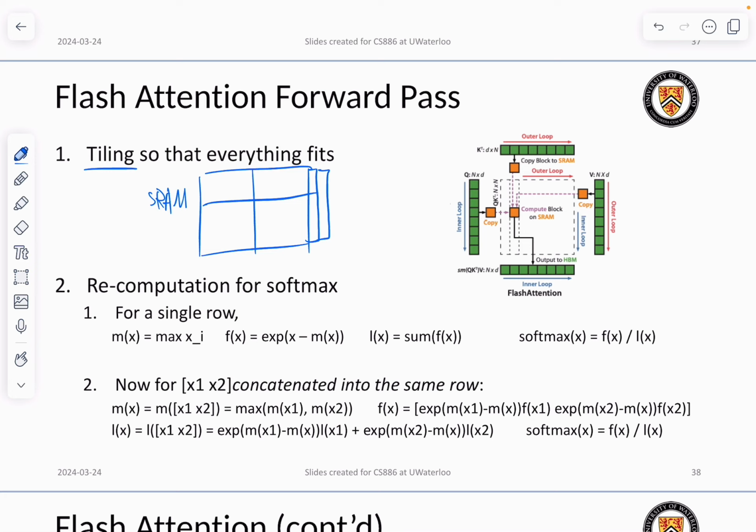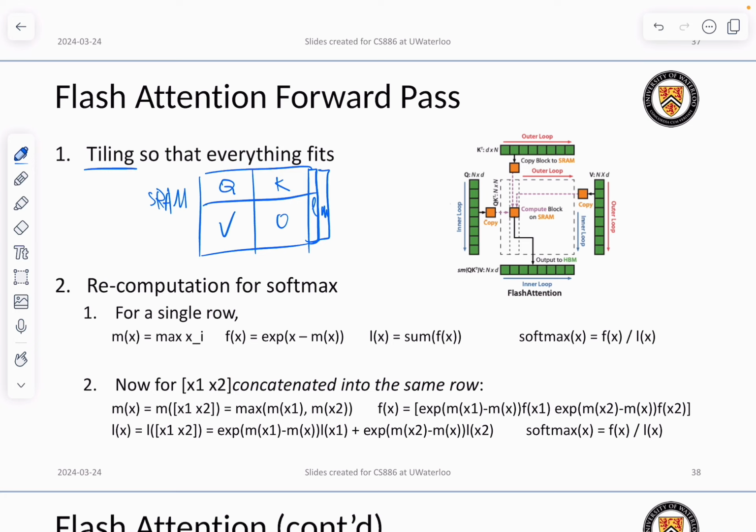We dedicate one slot for Q, one slot for K, one slot for V, and one slot for O. And then we dedicate two smaller linear slots, one for L and another for M, and I'll explain what they mean after.